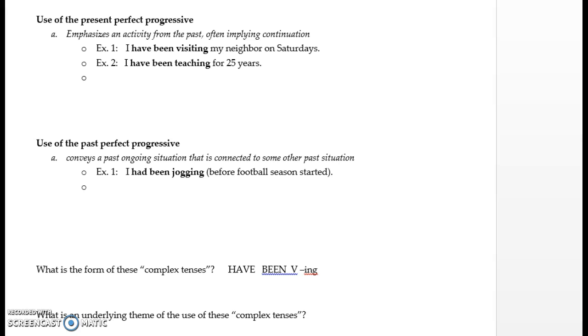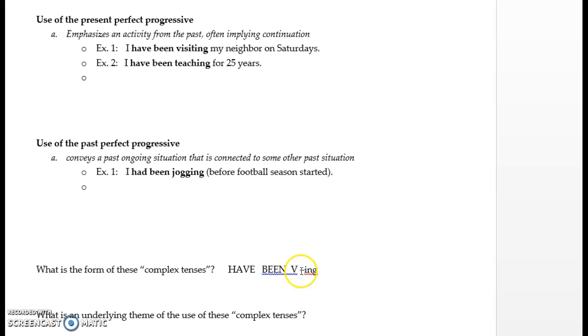So what's the form? Both the present perfect progressive and the past perfect progressive are going to have some form of the verb have. For the present, it will be has or have. For the past, it will be had. And then it will have a second auxiliary, be, been, and we need that because the be auxiliary for the progressive, and the en to finish the perfect aspect, regardless of present or past.